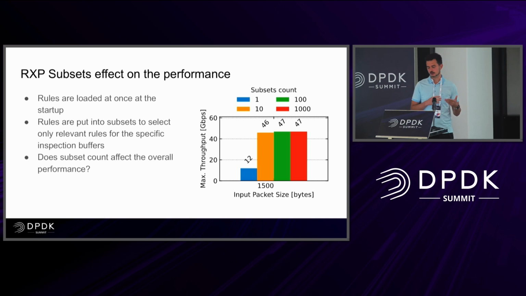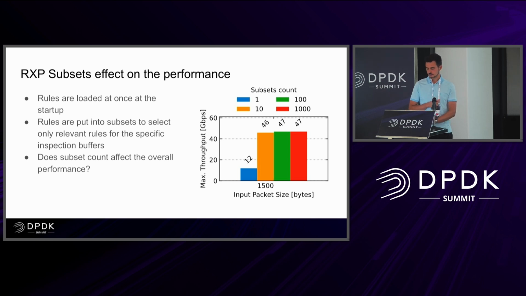Since you are loading the rules only in the beginning, you still want to have the rules in some smaller groups, because usually you don't want to inspect every buffer with the whole rule set. And we were wondering if we have many little groups, the subsets, in our overall rule set, will it somehow affect the performance?